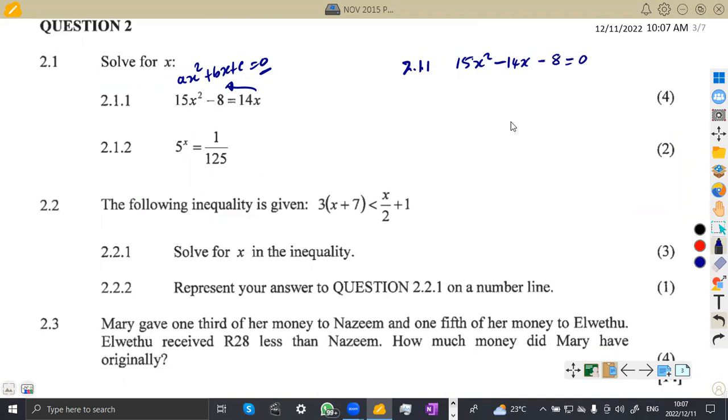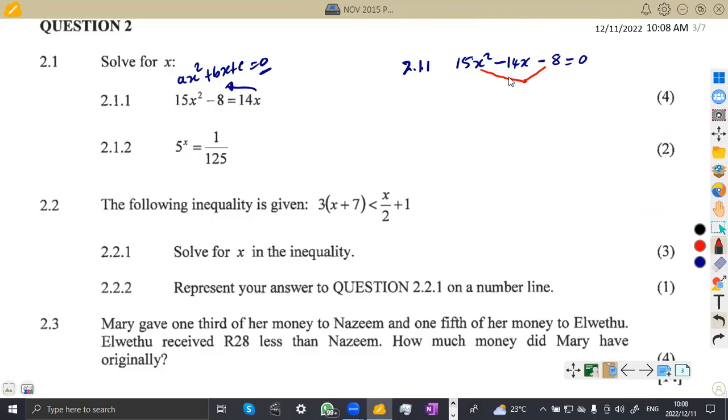All right, so we're supposed to solve for x. We can use our quadratic formula, or we can use factorization method. Okay, so trying the factorization method, this time the coefficient of x squared is not 1. So you are forced to multiply the first term by the last term.